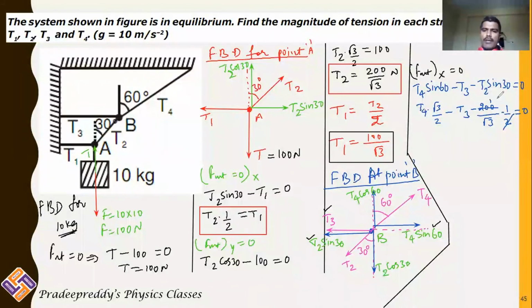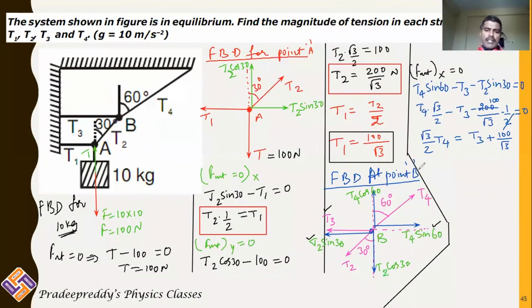Now what is left over here? Root 3 by 2 T4 is equal to T3 plus 100 divided by root 3. Now we do not know what T3 and T4 are. We need to find out T3 and T4 from this expression.